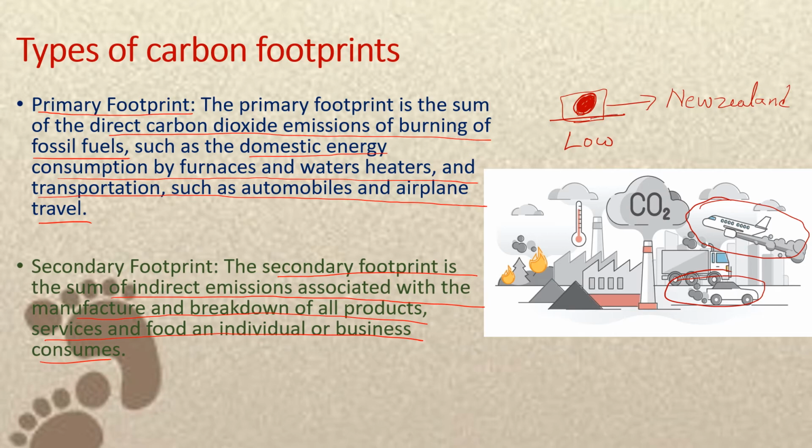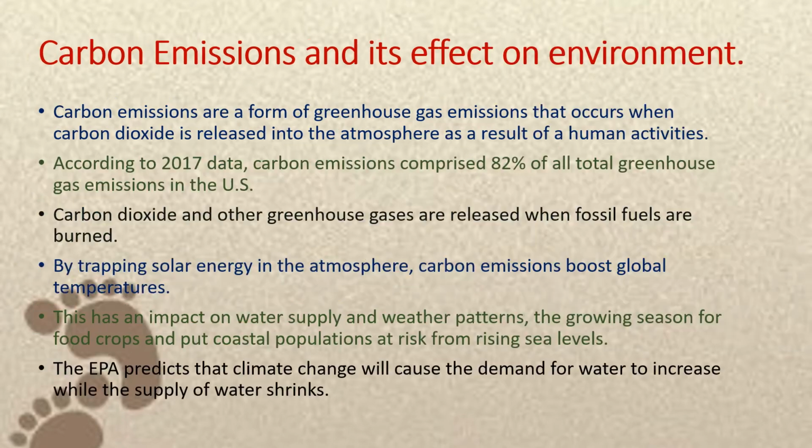It will not be counted to the carbon footprint of the tomato, but to your footprint, who is the consumer, it will be counted as the secondary footprint of that particular person who is consuming it. So it is better to eat local and buy local food as far as possible.